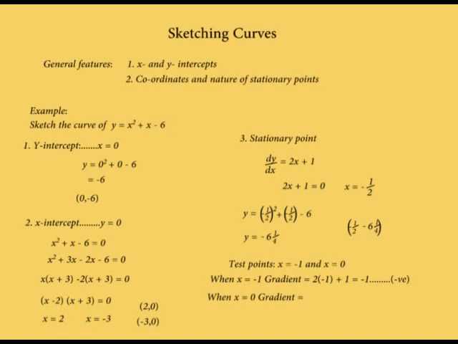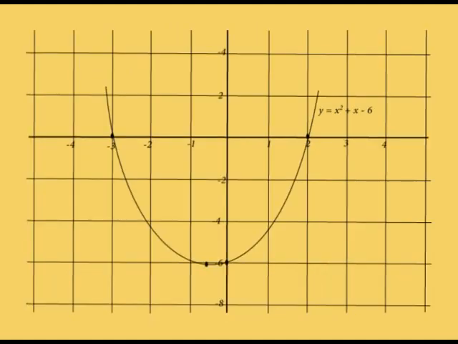When x is 0, gradient will be 2 times 0 plus 1, giving us 1. That is positive. And so the gradient changes from negative to 0, then to positive. It is a minimum stationary point. With all these details, we can now sketch our curve and it will appear as this.